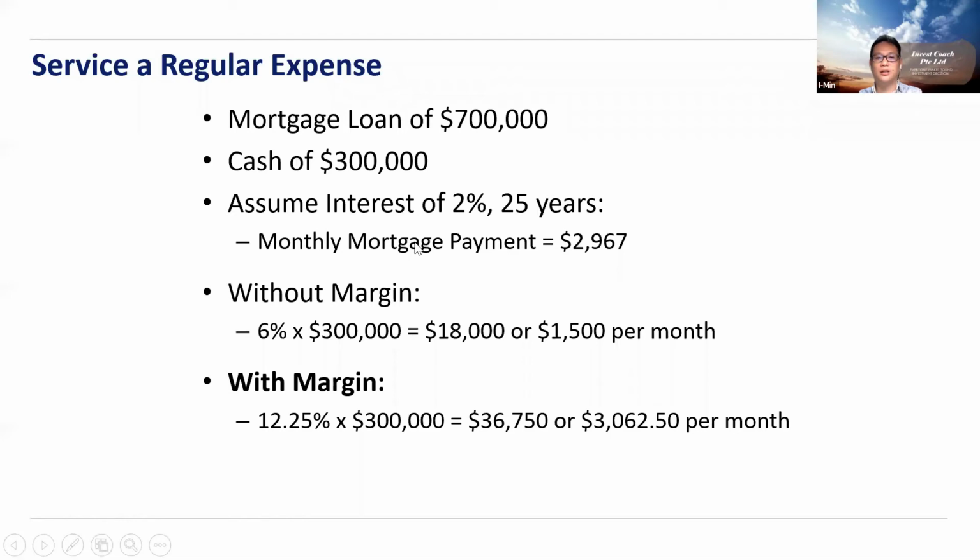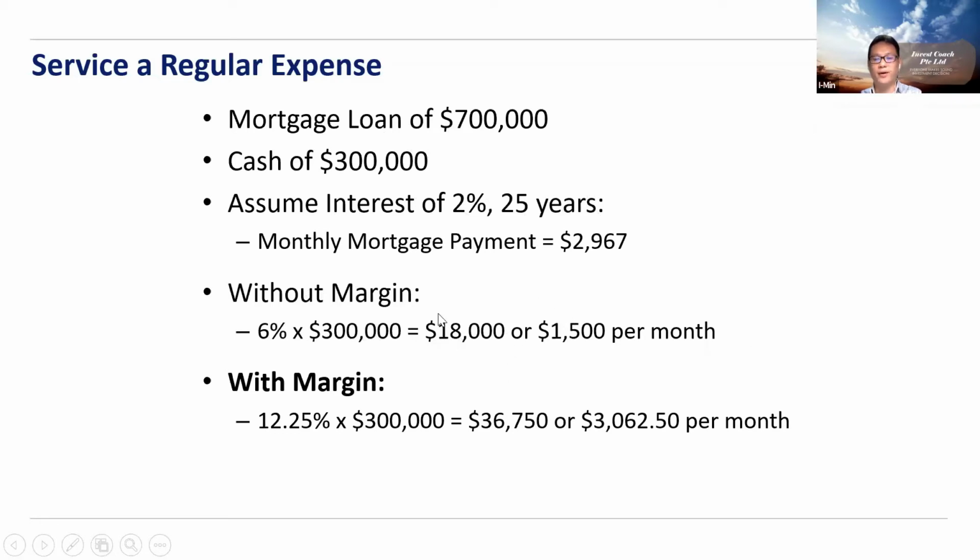Assuming the monthly mortgage payment for this 700,000 is about $3,000. Without margin, you have 300,000 cash left. Without margin, 6% of this 300,000 is 18,000, or 1,500 per month.